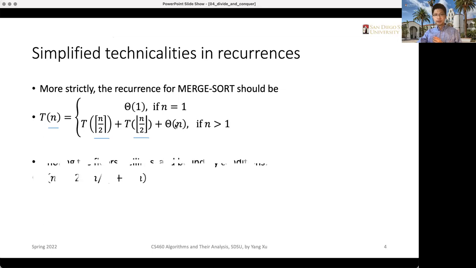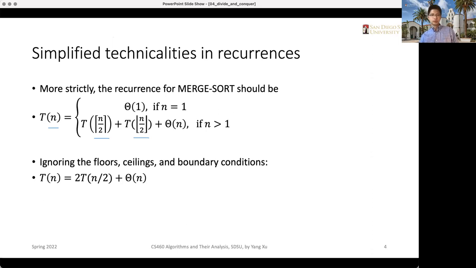But this is something we can tolerate if we basically ignore the floor or ceiling or boundary conditions, so that we get a general idea rather than covering all the details. So like the base case here, we can remove it.